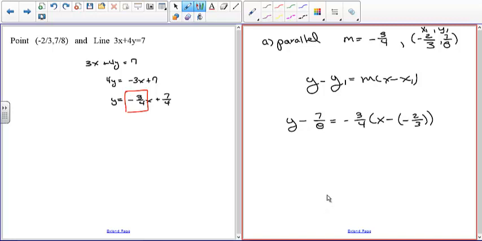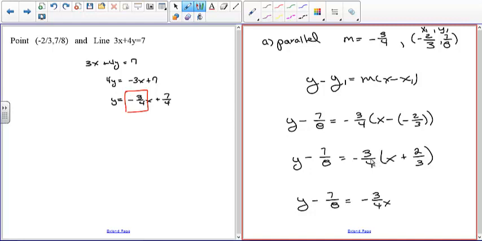Okay, first thing, simplify that. So it becomes plus 2/3. Multiply this out, both terms. So when you multiply this, you get 3 times 2, which is 6.